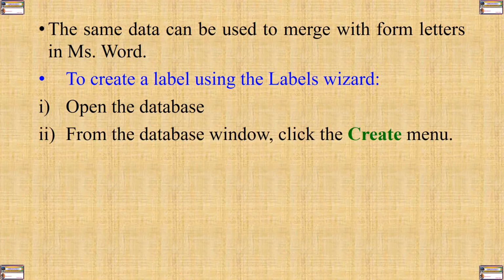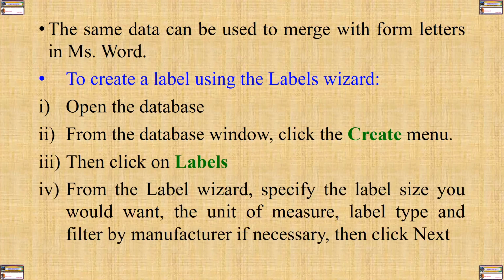And then from the database window, you click on Create menu and click on Labels. From the label wizard, you specify the label size you would want, the unit of measure, the label type, and the filter by manufacturer if necessary, and then you click Next.